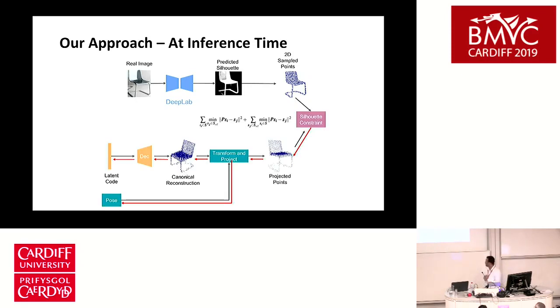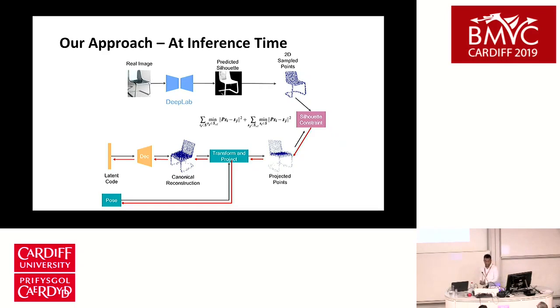On the other hand, now our task at test time is to search this latent space for a latent location which can generate a 3D reconstruction, and we also need to optimize for the pose, which when combined with this 3D shape can give us the projected 2D points which are in line with the sample 2D points from the silhouette which we are observing. So of course, it's just a simple semantic segmentation consistency term.